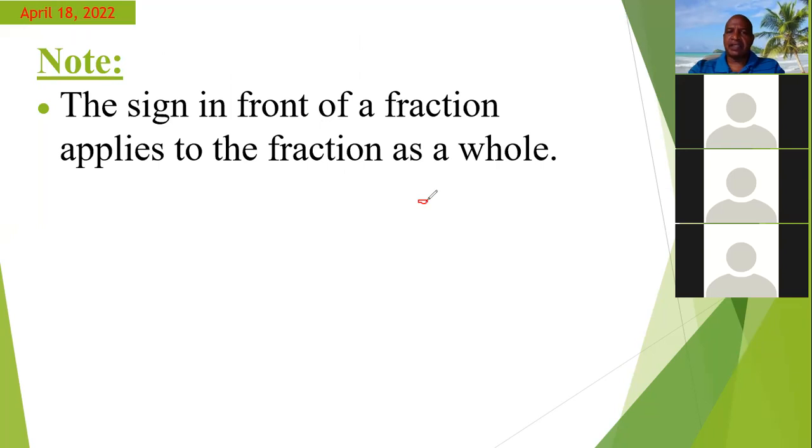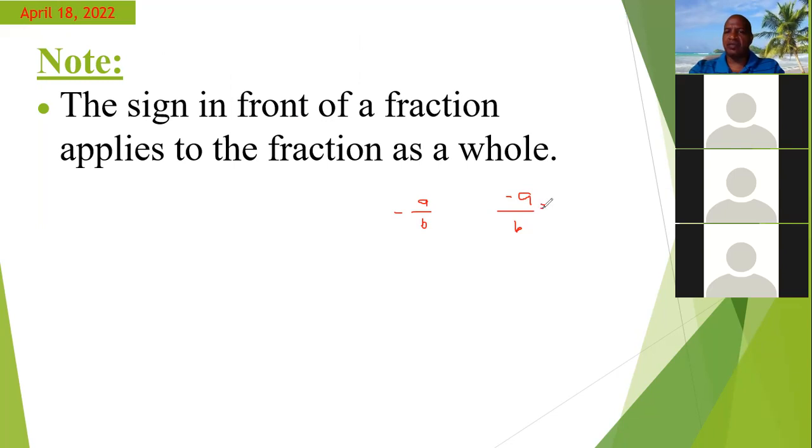Now, if you have a fraction A over B, and you have a sign right in front of the bar of the fraction, what that tells you is that the entire fraction is a negative fraction. Now, you may have a situation where the numerator has a negative sign and the denominator has a positive sign.